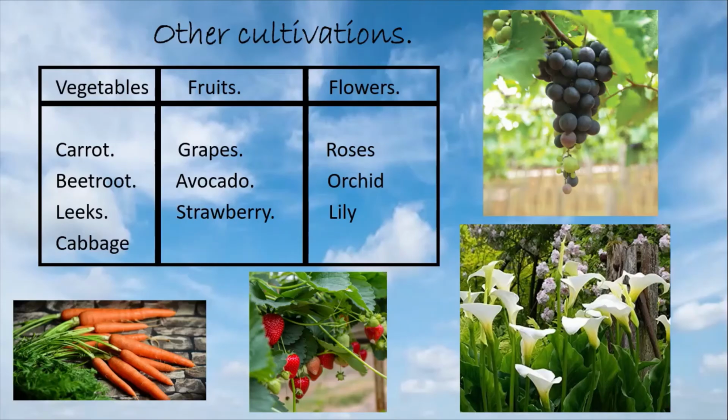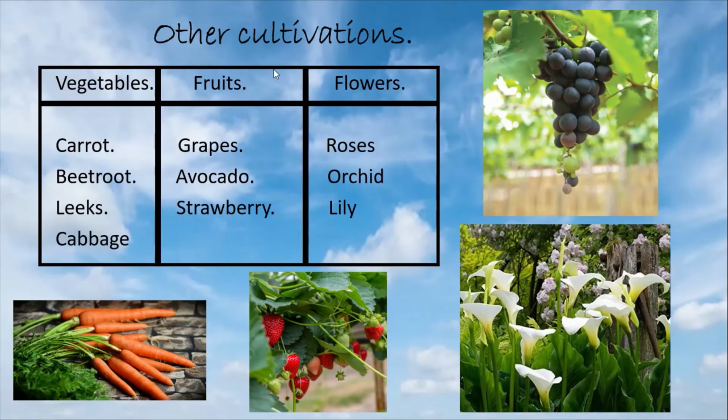Let's learn about the other cultivations in the hill country. It is important to know about the other cultivations in hill areas. You know, cultivations like vegetables, fruits, and flowers can be seen here.